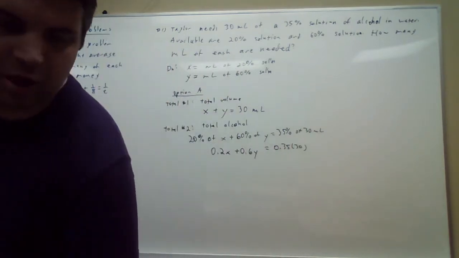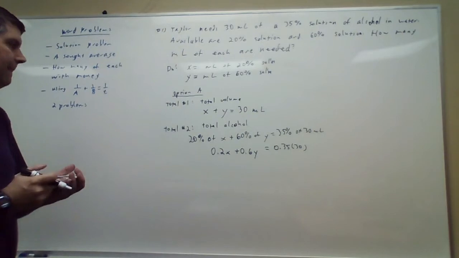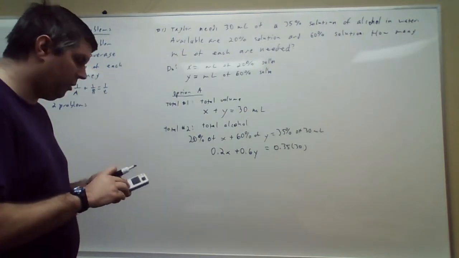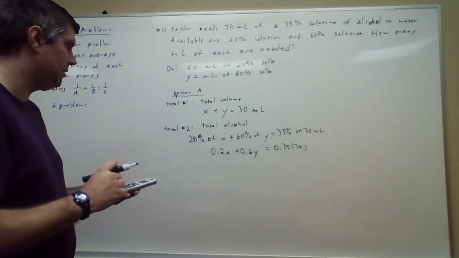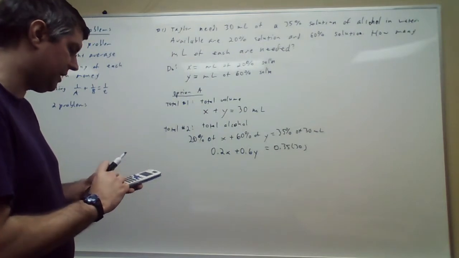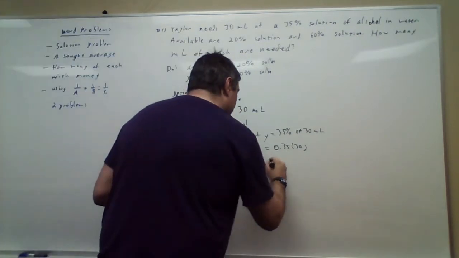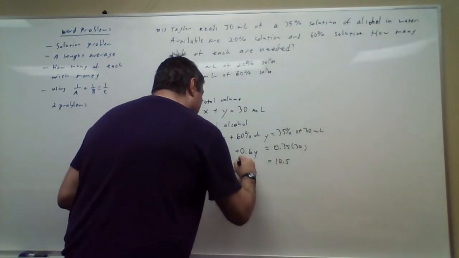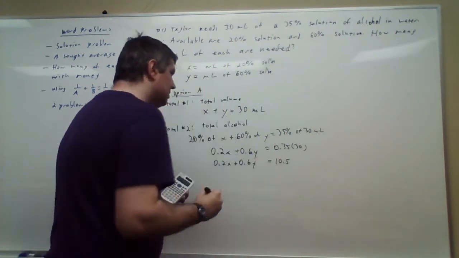Okay? I'll use my calculator for that. So, 0.35 times 30 is going to be 10.5. So I have 0.2X plus 0.6Y equals that.